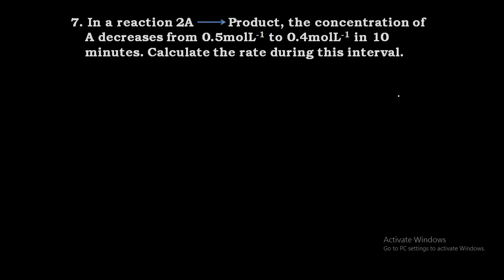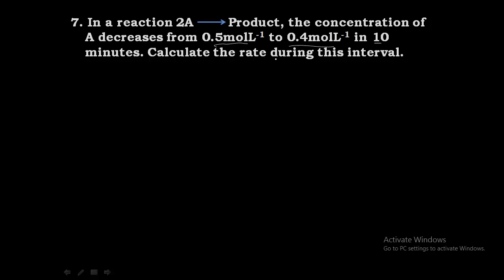Then the seventh question: in a reaction, 2A gives product. The concentration of A decreases from 0.5 mole per liter to 0.4 mole per liter in 10 minutes. Calculate the rate during this interval. Here the concentration has decreased because a reactant's concentration always decreases, and it takes 10 minutes to decrease from 0.5 to 0.4.